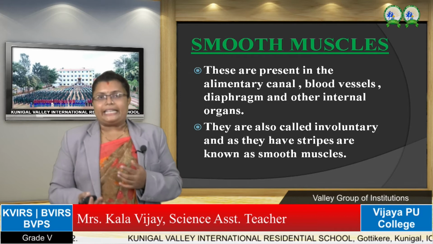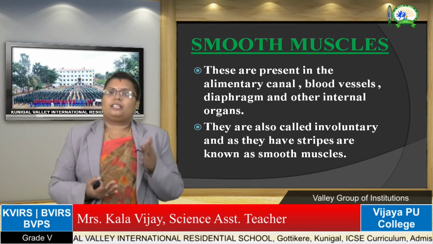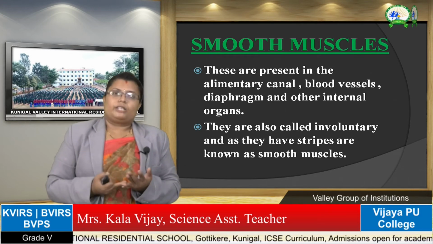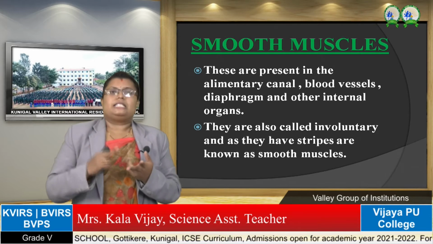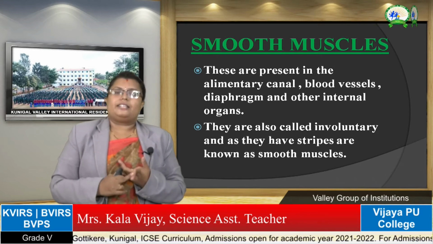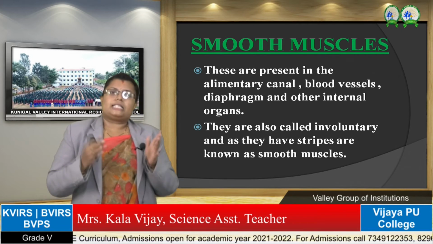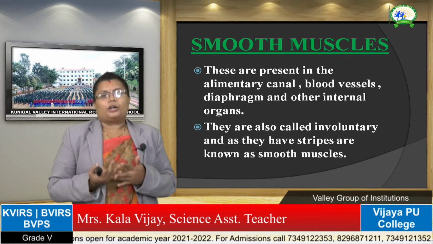Starting from the mouth till the anus, whichever parts come in that lining are known as the alimentary canal. Smooth muscles are present in the alimentary canal, the blood vessels, diaphragm and other internal organs. So almost all your internal organs consist of smooth muscles, children.